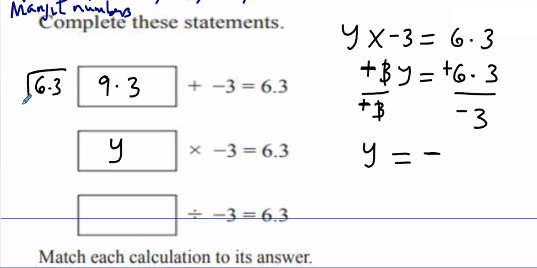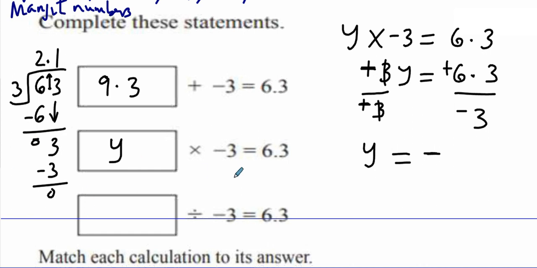6.3 divided by 3: that comes 2, and 2 times 3 is 6. Subtract, the remainder is 0. So the decimal point goes over here. Drop the 3 here. 3 divided by 3, the answer is 1. 1 times 3 is 3. So the remainder is 0. So what does it mean?